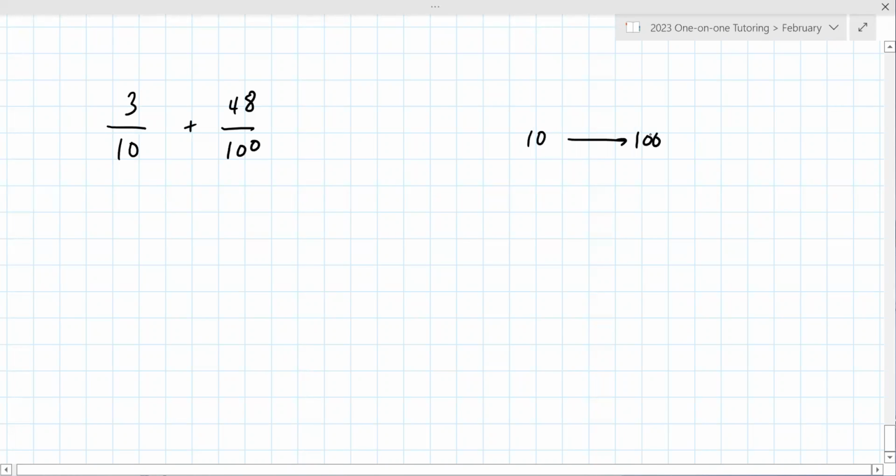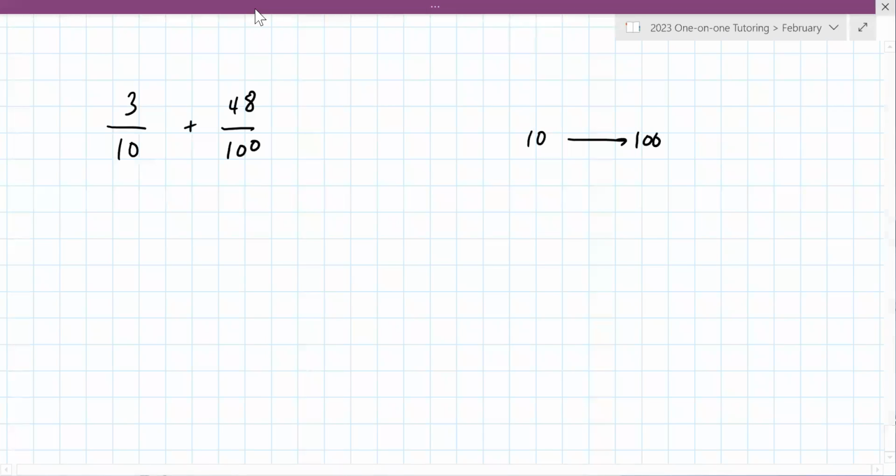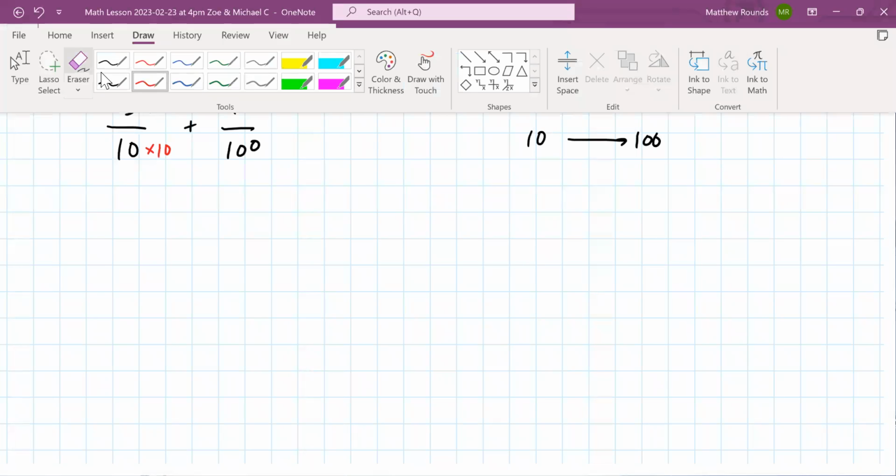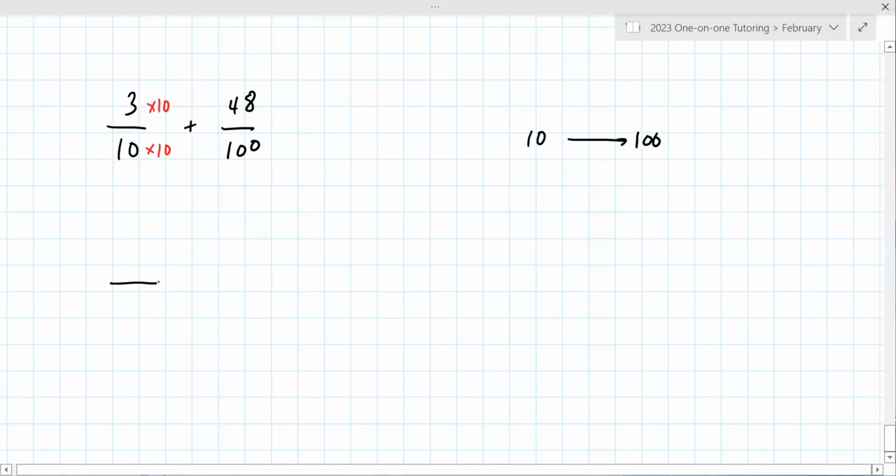Yeah, by multiplying them. Okay, so we're going to multiply both the numbers on the left by 10. Oh, 30 over 100 plus 48 over 100, good.